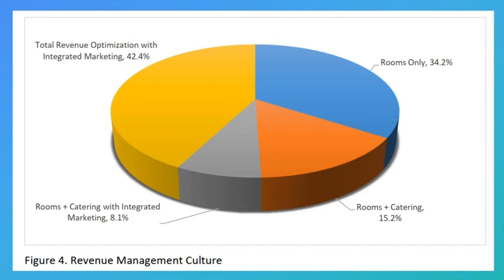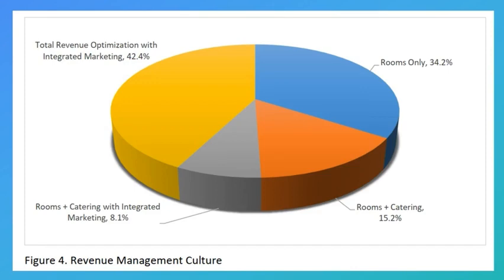Then the next evolved category is rooms and catering with integrated marketing. Something that happened as a result of COVID is that we don't look at silos, departments standalone anymore, okay? The departments are becoming close to each other in terms of their functions, and one of these departments is sales and marketing and revenue management, right?